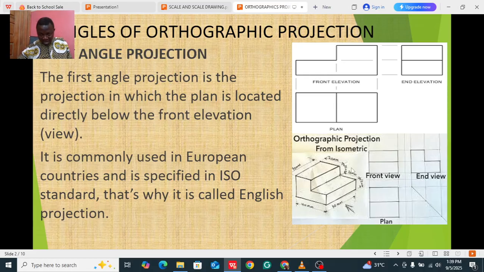And look at the diagram below here. This block looks like a step. If you are told to reproduce this kind of block in first angle projection, you are going to have this arrangement: front view here, the plan below, then the end view there.